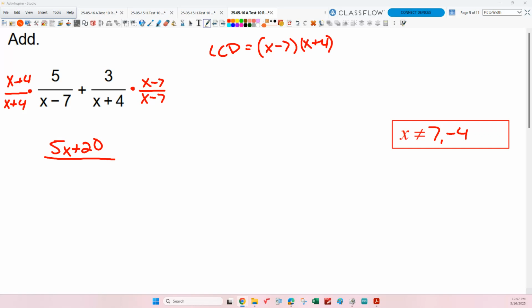Okay, what's my denominator? x plus 4, x minus 7. Plus 3x minus 21. What's my denominator? x plus 4, x minus 7. Yeah.